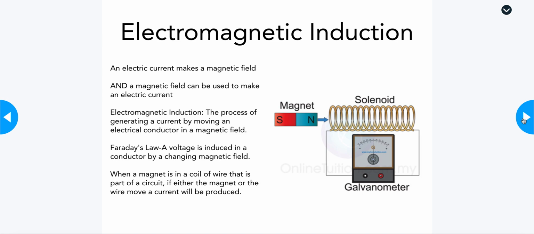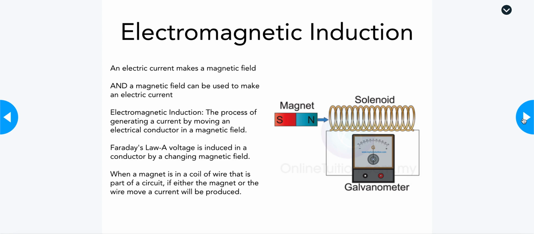All right, folks, so let's go ahead and define what we mean by electromagnetic induction. As we have shown when working with electromagnets, an electric current makes a magnetic field, and we know this because we've seen it with Ørsted's demo, with the wire producing the magnetic field, and then we've made solenoids and we've made electromagnets.